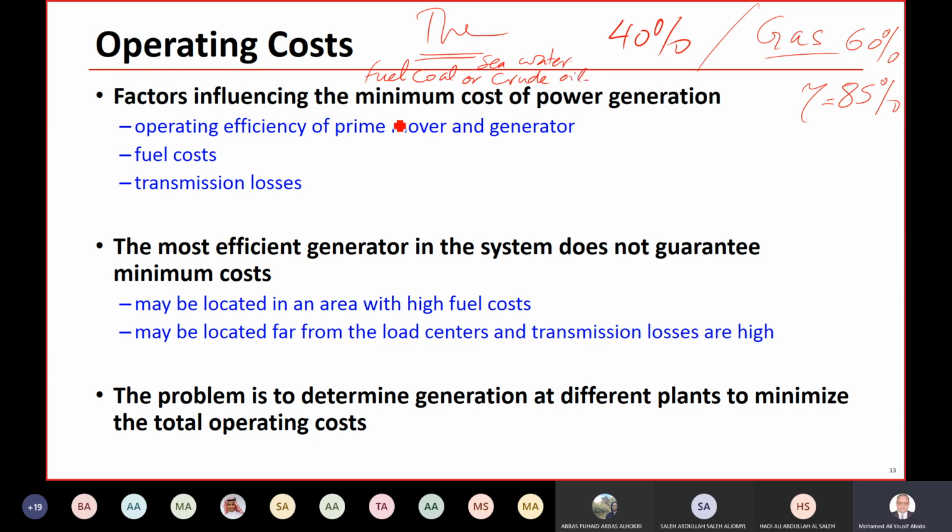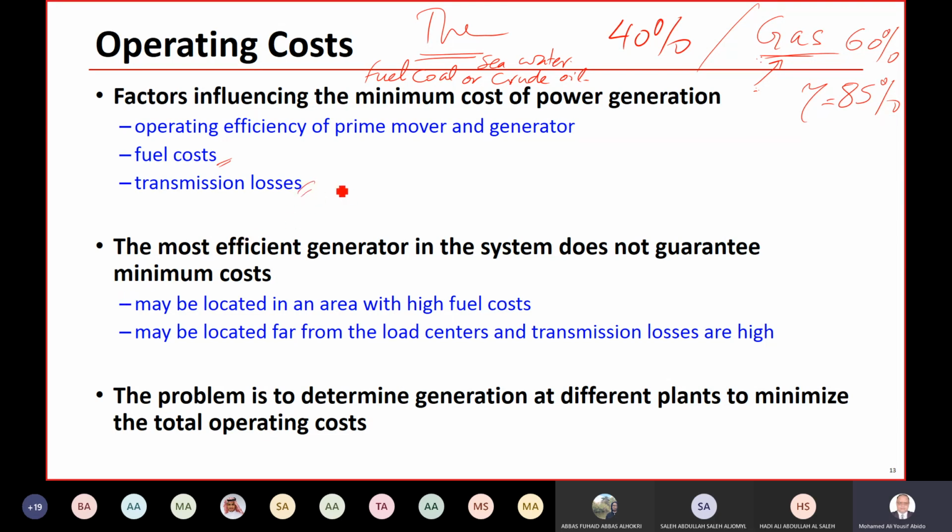For gas power plants, you need gas, of course. Gas is the fuel. So definitely gas is more expensive than coal, and gas is more expensive than crude oil. Definitely we need to use this gas at peak load, generating some electricity for a few hours a day. So the fuel cost also will affect the dispatch.